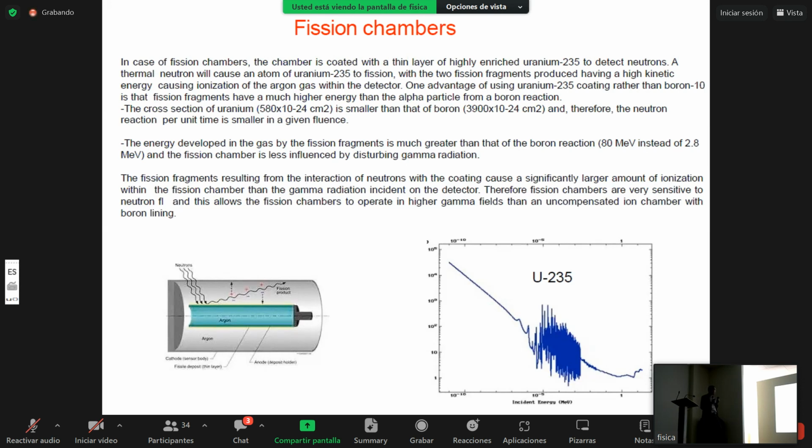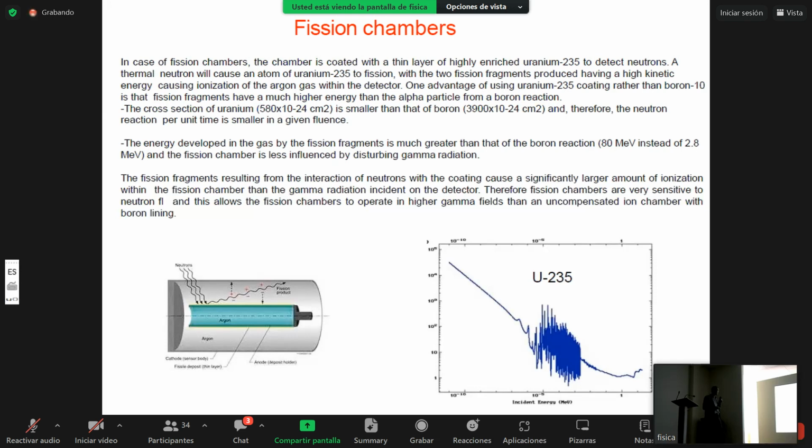And that's one of the best ways of utilizing these devices to monitor the nuclear reactor, the flux of neutrons inside and outside the reactor, which I will tell you about tomorrow. These detectors are very important for these applications.